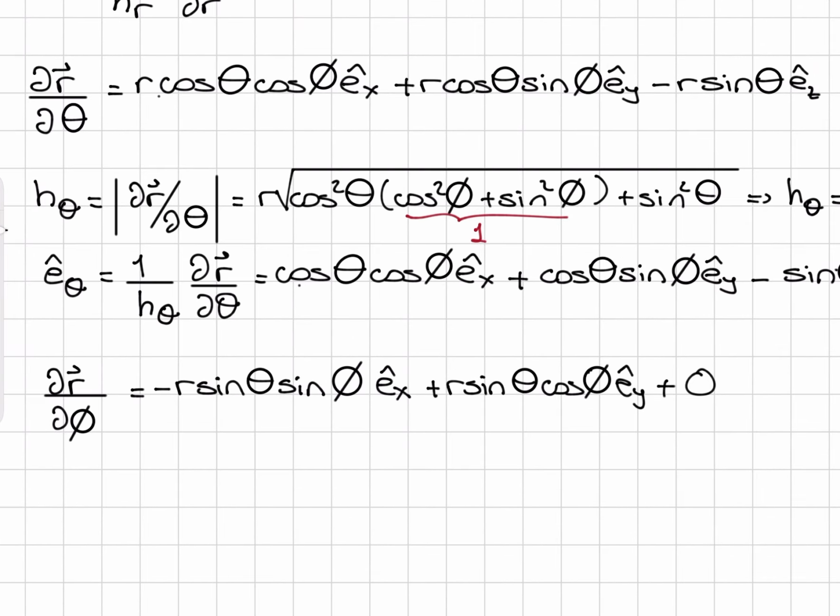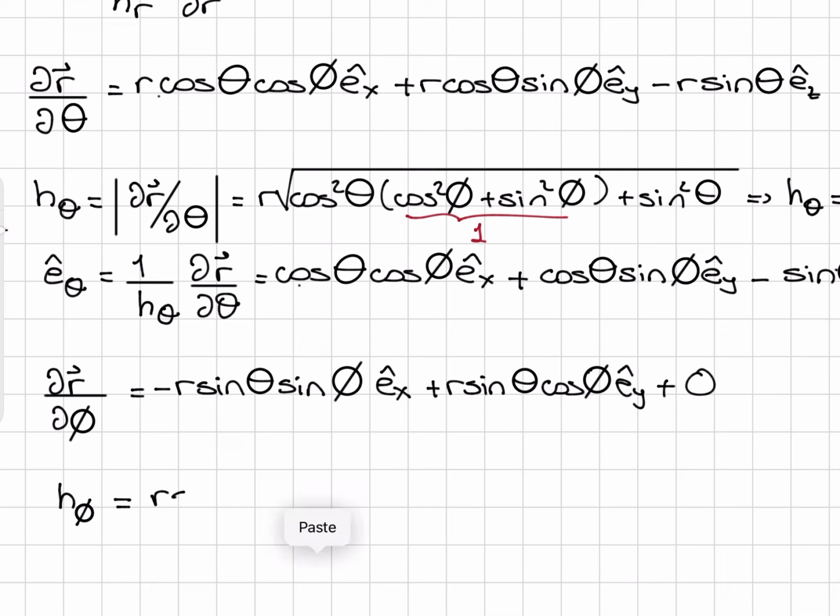Then we can write the scale factor h sub phi. This is the magnitude of this. You can see that r sine theta is common, so r sine theta square root sine square phi plus cosine square phi is what we will have.